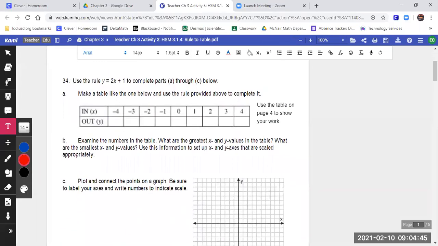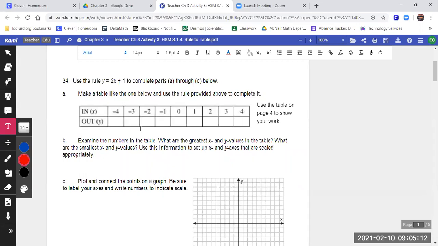We are starting with number 34. It's where everybody should be, right there on that worksheet. We're starting with number 34. No one should be in Dreambox anymore.